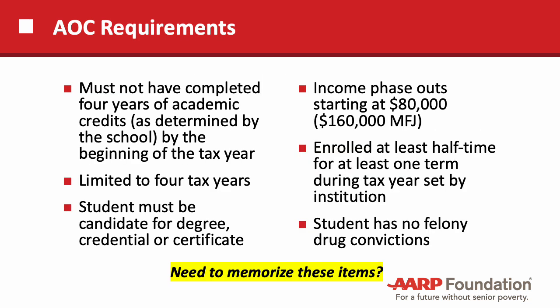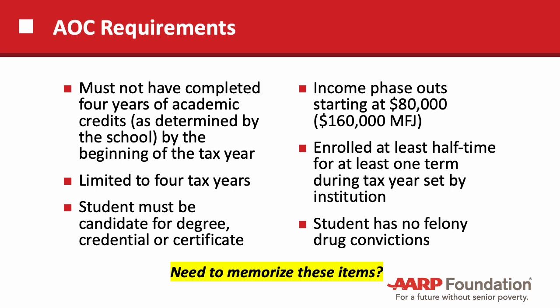A reminder right up front that no married filing separately status is allowed for education credits. So for the American Opportunity Credit, the requirements are the student must not have completed 4 years of academic credits, as determined by the school, by the beginning of the tax year. It's limited to 4 tax years.